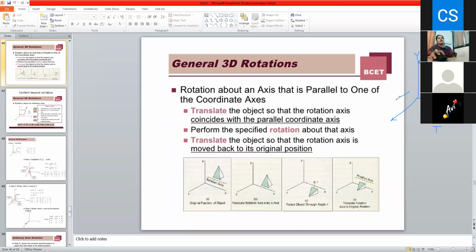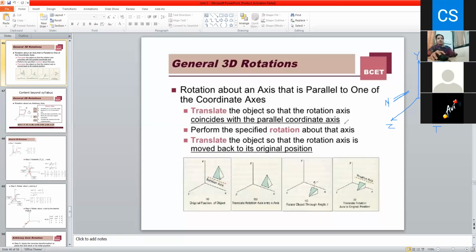Or I can have any third axis, which is LMN, suppose, and I want to rotate this cube around N, which is parallel to z-axis. Okay, so first case is this rotation is carried out about any arbitrary axis which is parallel to coordinate axis.